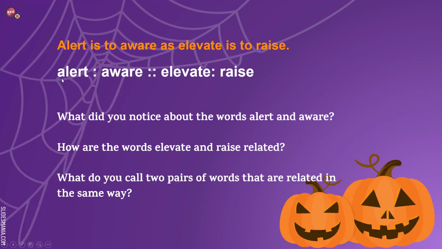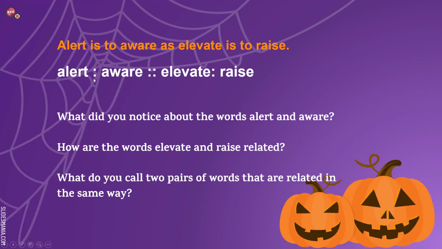However, when we write an analogy, we often write analogies with these colons. So it would be alert, colon, is to aware, as elevate is to raise. Okay, so this is how you write it, but this is how you would say them. I know this is new to fifth graders.